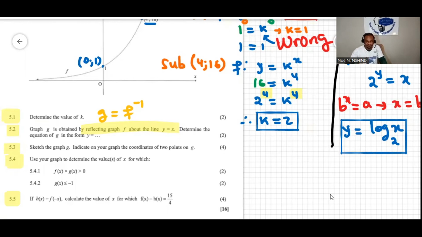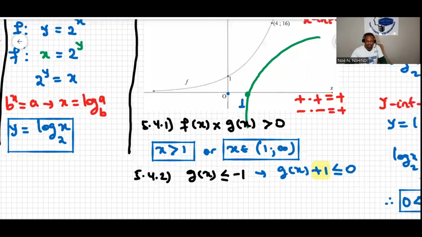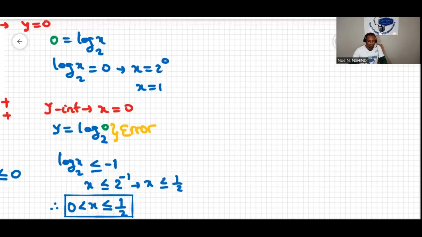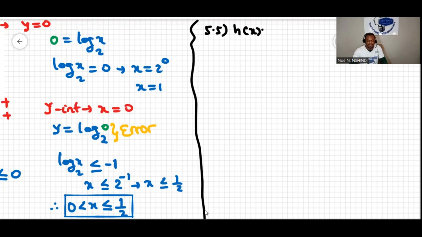All right. Now, I'll move the board somewhere. So 5.5. It did say that h of x equals f of minus x.